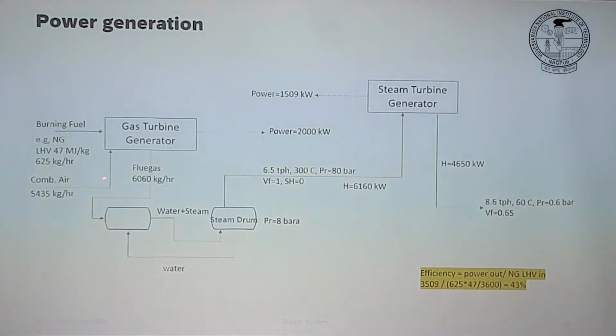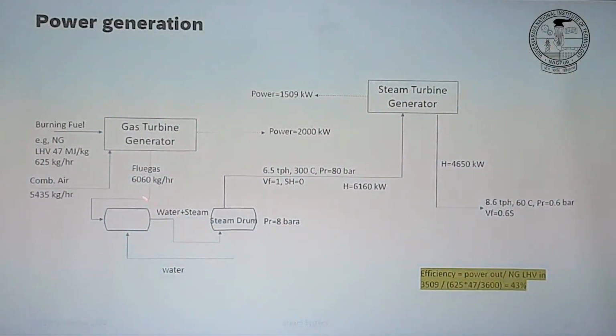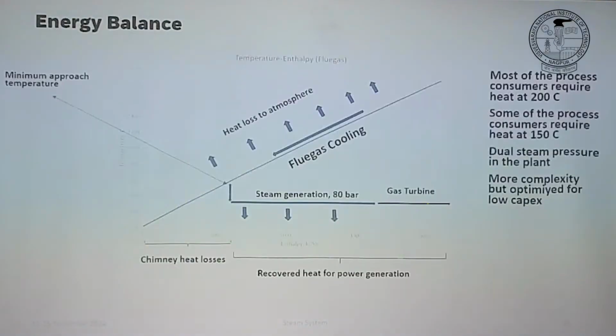That means flue gas temperature coming out from here will be much lower, right? And then the remaining energy you extract via steam. So it's kind of combined cycle. It's not just steam, but it's the gas and steam. That's why they call it combined cycle. With these two cycles, you already increase efficiency to almost 43%.